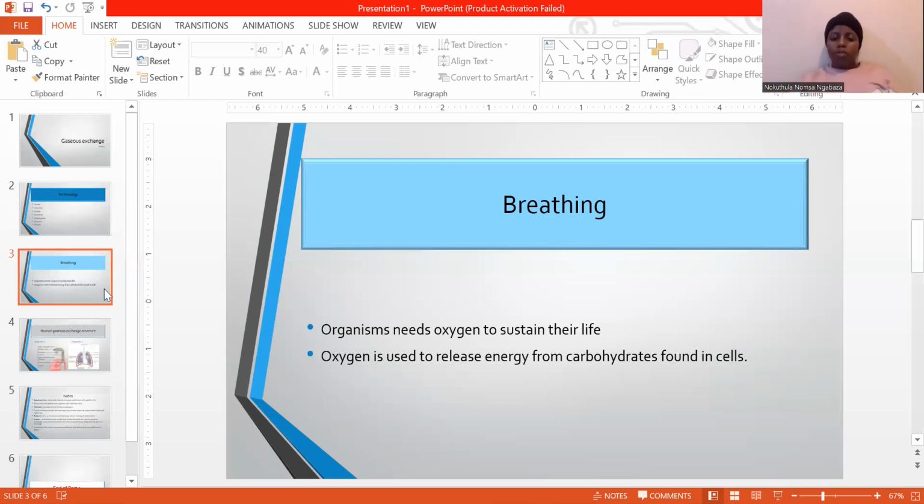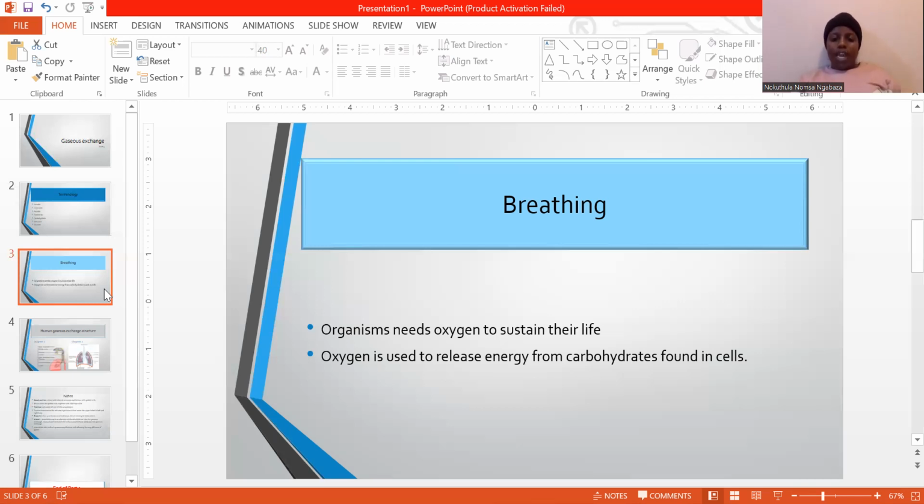When it comes to breathing, take note that some organisms are said to be complex organisms, and that includes us as human beings. Human beings have a mechanism that they use for breathing, the same mechanism that we use to breathe in oxygen.